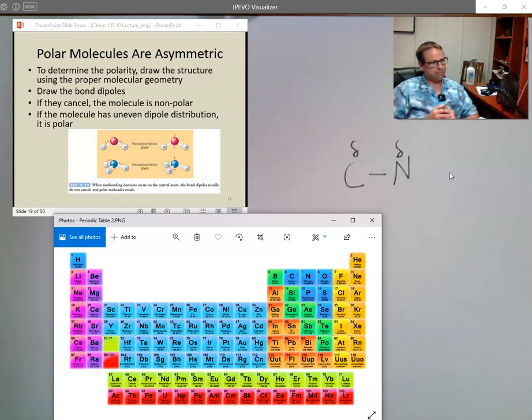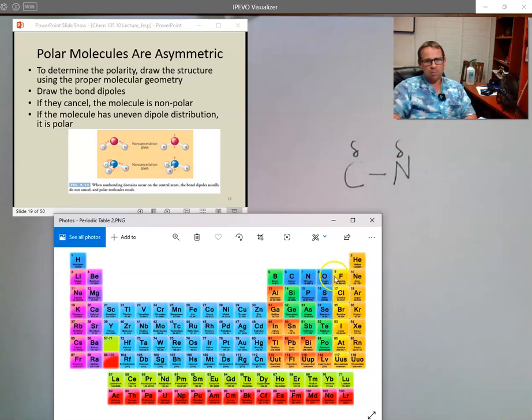I'm not sure. Okay. It's pulled towards the more electronegative atom. Which one's the more electronegative atom, Taewon? Carbon? No. Electronegativity increases as we go to the right and up on the periodic table.